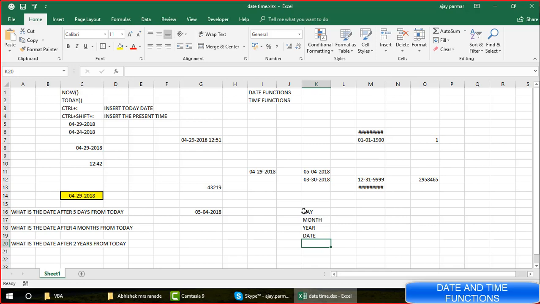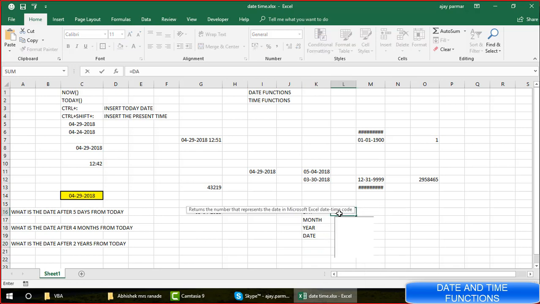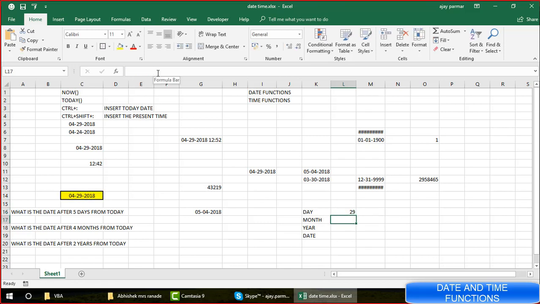The day function we use to extract the day from a date. Very easy. You just write the day, and you select this serial number, actually date number, so you just select the date and press enter. There we go. We got the 29.